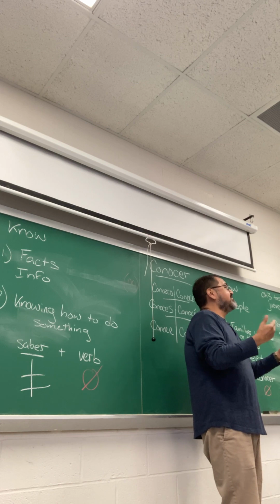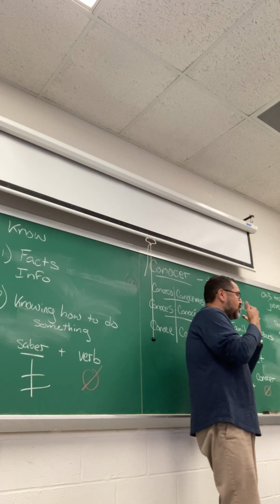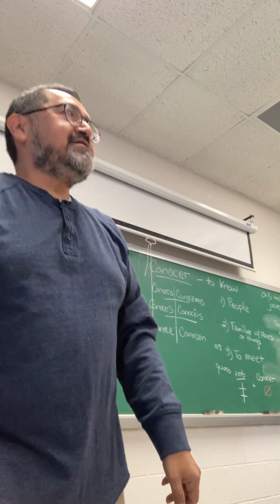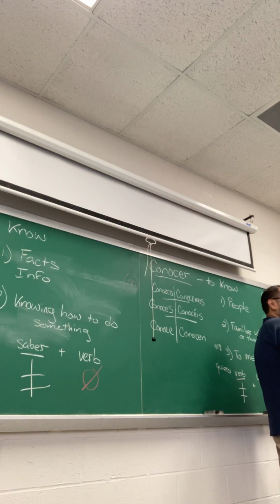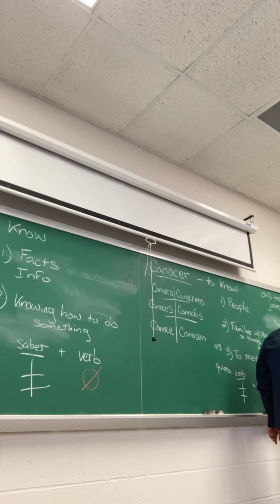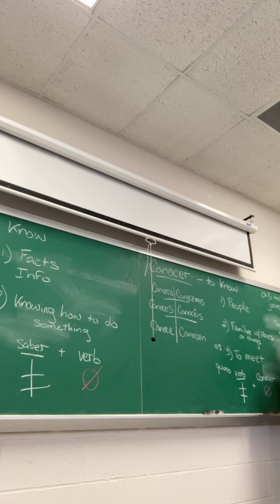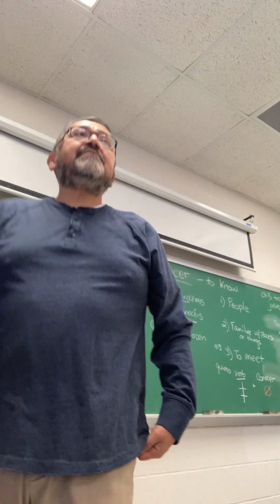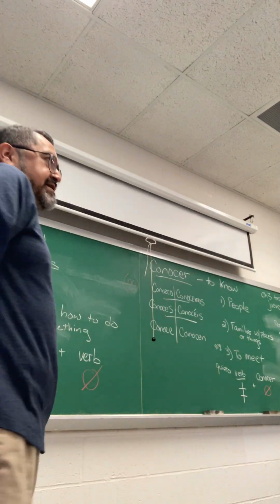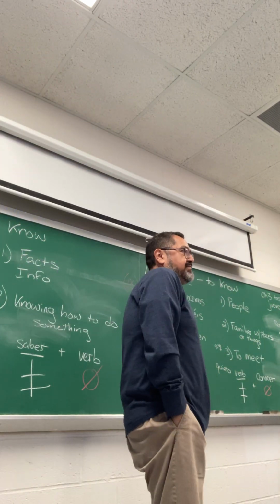I need to meet Felice's dog. But, because it's a el perro, what do we have to do? Because this still applies. So with the personal a, you still have to do this. So, necesito conocer al perro de Feliz. I need to meet Felice's puppy.